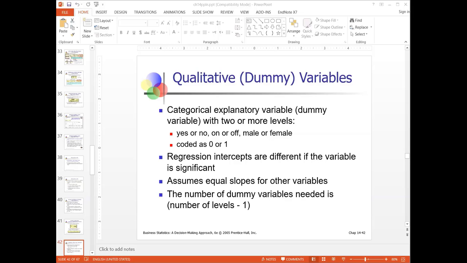So the qualities do play a role in determining the nature of the relationship. That's why we study these dummy variables, to make sure that our estimates are not ignoring the fact that the qualities are there and the data is changing because of that quality.